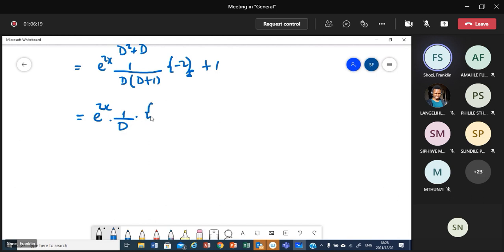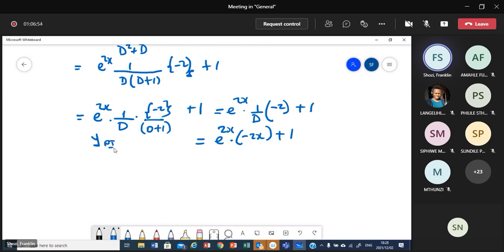So that will be minus 2 there, all over D now is 0 plus 1, plus 1. Why? Because this is a constant now. So that gives us e to the power 2x, 1 over D. What are we left with here? We are left with minus 2 on top, because this is just 1, plus 1. Then what is 1 over D on that? Integrate that. E to the power 2x, integral of minus 2 is minus 2x plus 1. So that's my YPI.